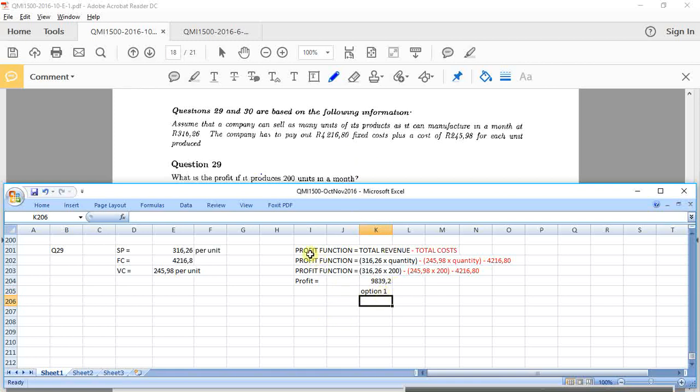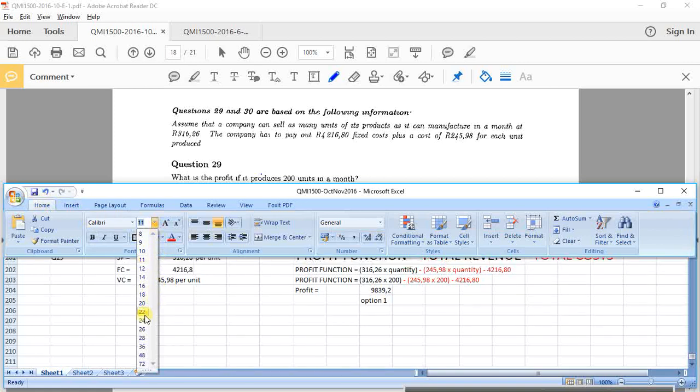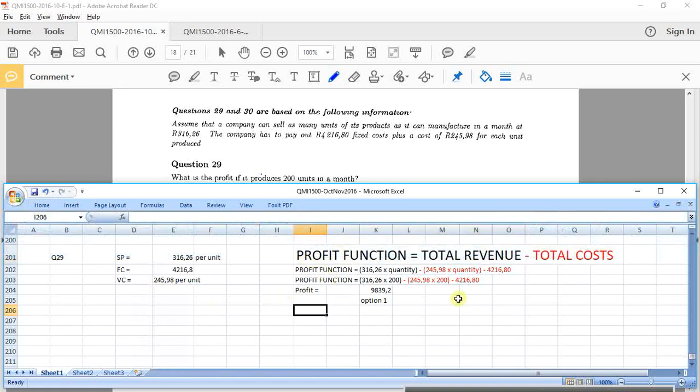So you're just getting the profit function, that's the key. How do I get profit? Simple. Take all your revenue minus all your costs. How do I work out revenue? Price times quantity, which is 200 in this example. How do I get the total cost? Costs have fixed and variable: fixed costs 4,216 Rand 80 cents, variable cost 245 per unit. So total revenue minus total costs.